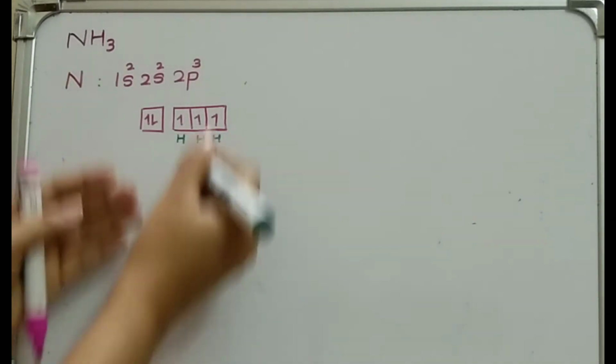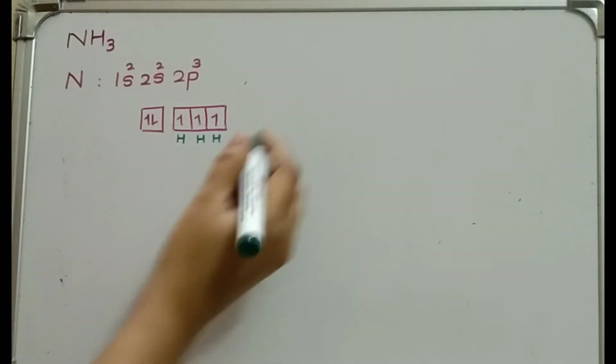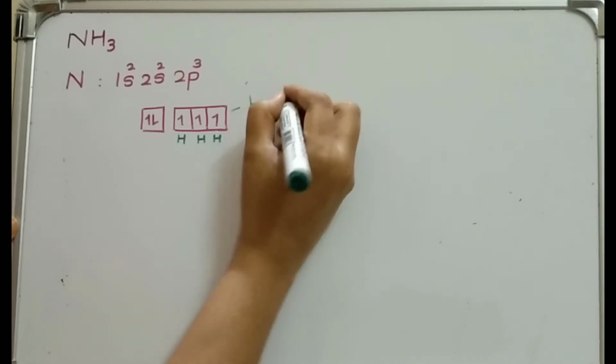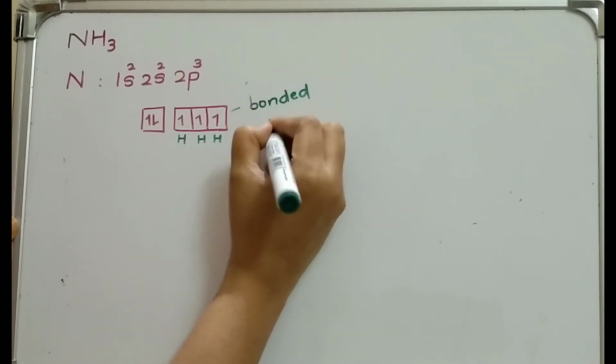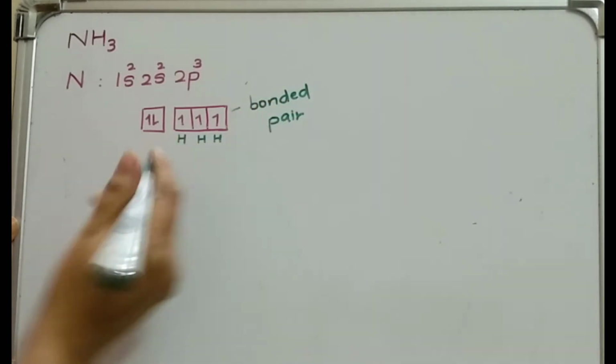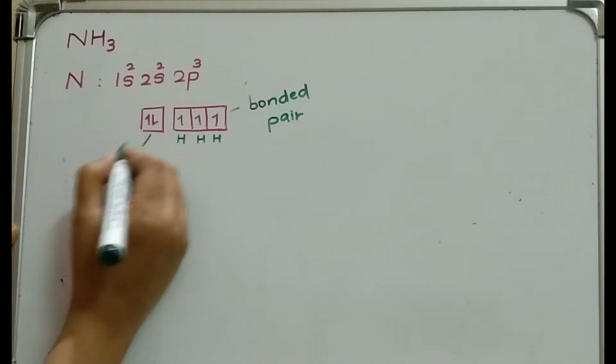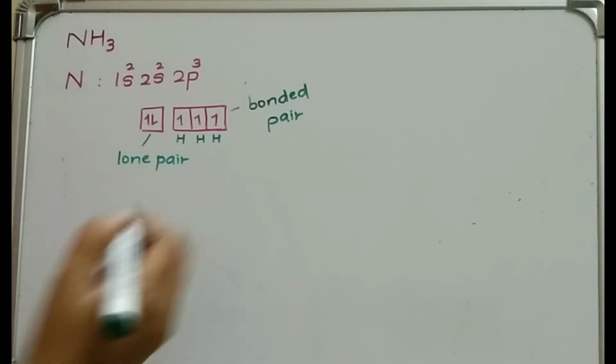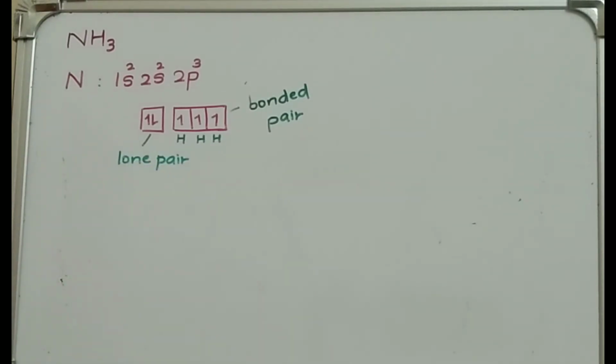So they are combining, they are forming a bond. This becomes the bonded pair. And what will this become? It becomes the lone pair. Now 1 lone pair of electrons and 3 bonded pairs of electrons are involved.